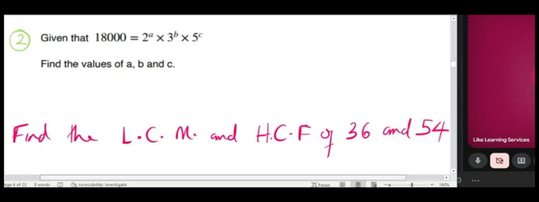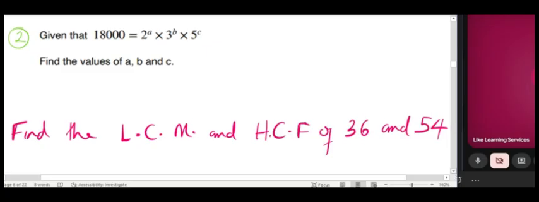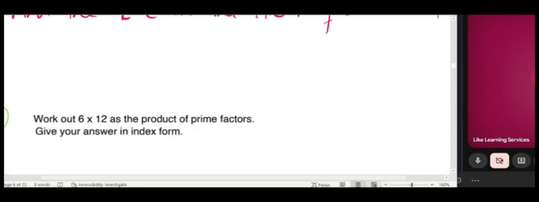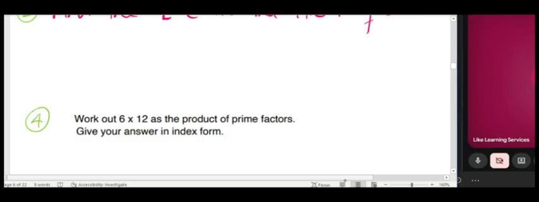Number 3, find the LCM and HCF of 36 and 54. Number 4, work out 6 times 12 as the product of prime factors.